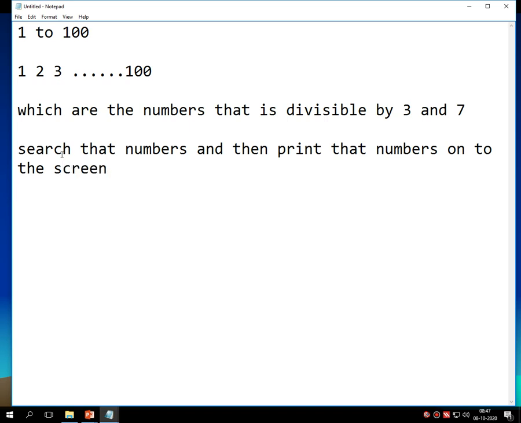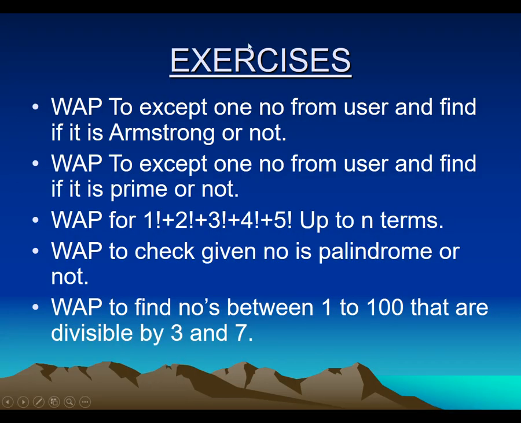Say for example, 1 is not divisible by 3 or 7. 2 is not divisible by 3 or 7. 3 is divisible by 3, so 3 will be printed onto the screen. 4 will not be printed. 5, 6 is also divisible by 3, so 6 will be printed, and so on up to 100. The numbers divisible by 3 and 7 should be printed onto the screen, that we have to do in this particular program.